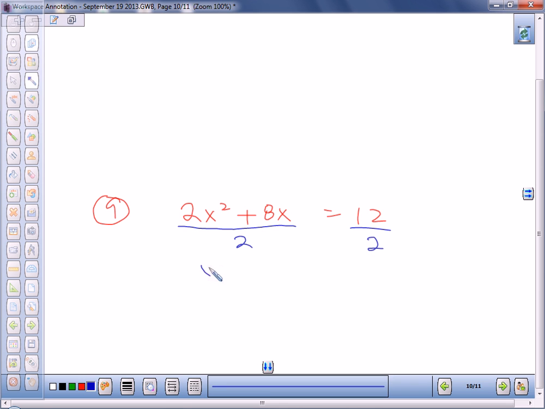And I can do that because there's not an f of x over here. When I had f of x, I can't divide by the 2 because it'd just be f of x divided by 2. That doesn't help me. But I can here. So here I would add 4 and 4. I would write this as x plus 2 squared equals 10. So x equals negative 2 plus or minus the square root of 10.